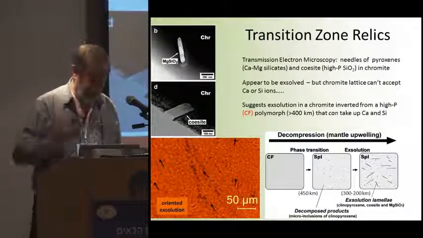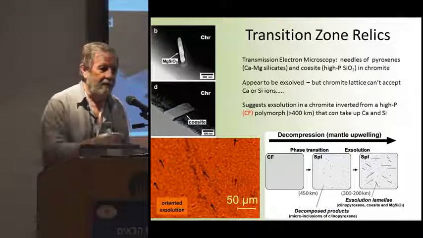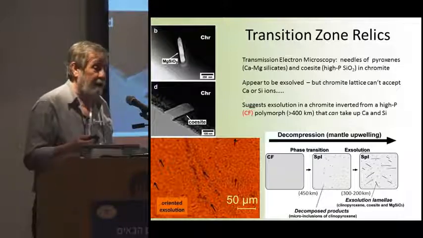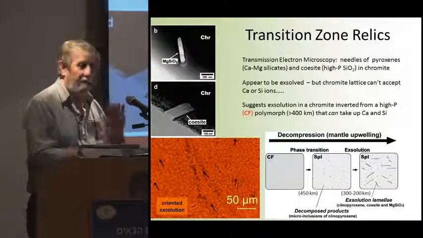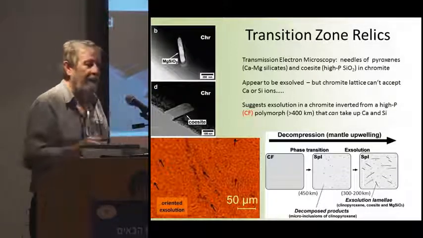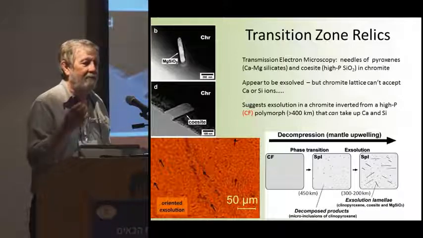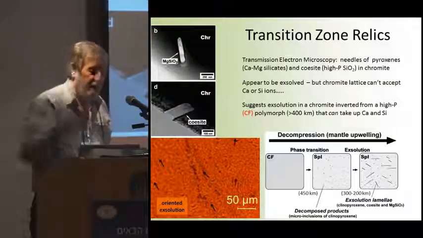This has recently been confirmed by a very nice study at the China University of Geosciences in Wuhan, which I hope will be sent to a journal next week, where they've confirmed experimentally that you really do have to get this high pressure polymorph in order to have calcium and silicon in there, and then you can exsolve it very easily when you bring this up and it inverts.